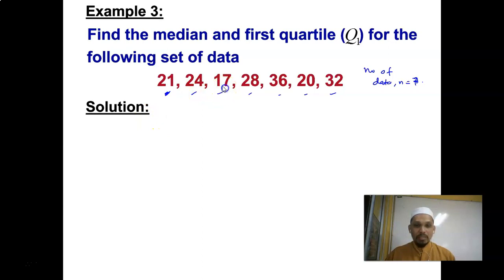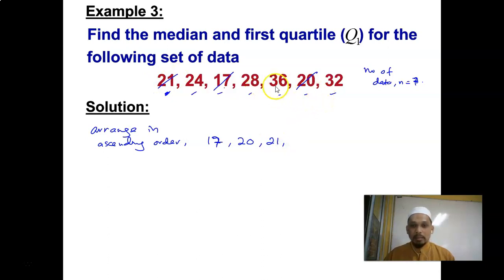So we begin with 17. Arrange in ascending order. First with 17. Okay. And then 20. Next is 21.